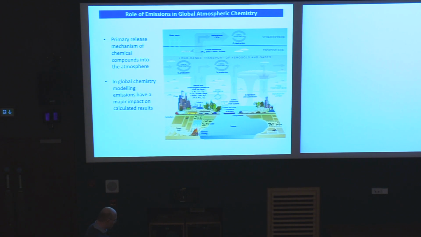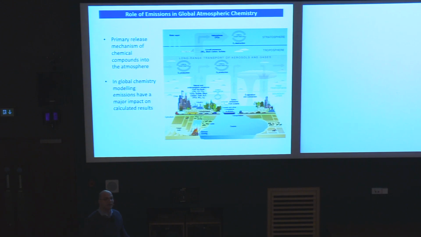So I expect that everybody who works with a global atmospheric model eventually will have something to do with emissions. Even if you decide you do not want to touch the source code, you don't want to add to the chemistry, or you don't want to change diagnostics that are in the model, if you want to take the model as it is, then you will most certainly still change the emissions.